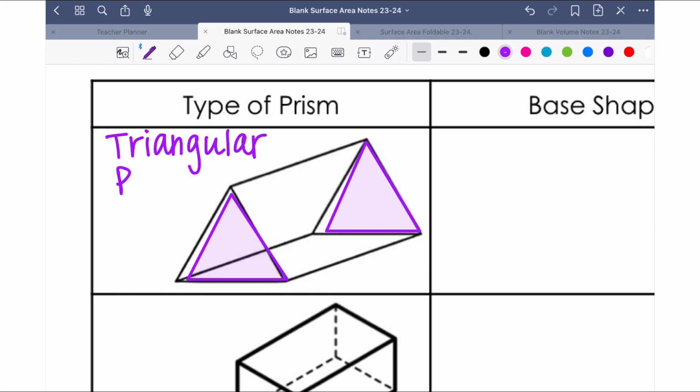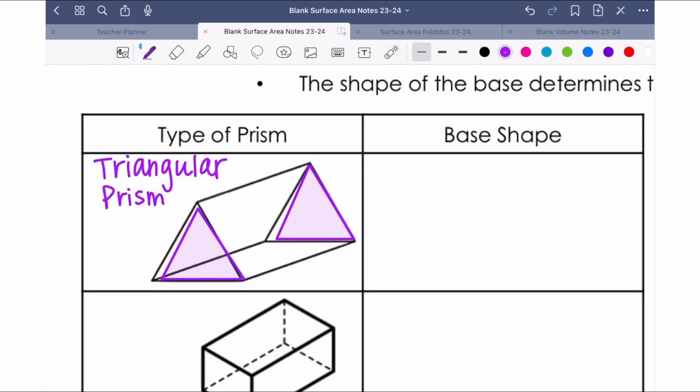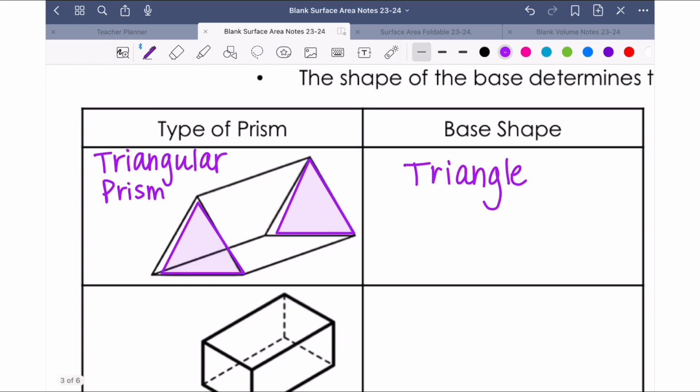And so that's why the base determines the name. And so what kind of shape is my base? My base is a triangle. Now, these bases are very, very important because it's going to help us find our surface areas when we use our formulas, okay?